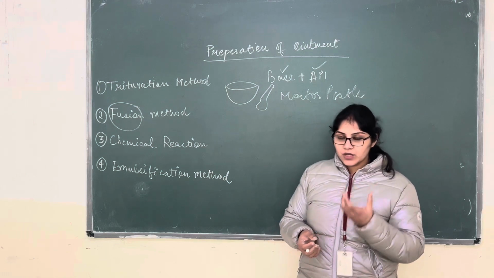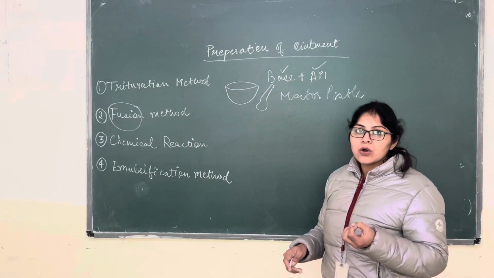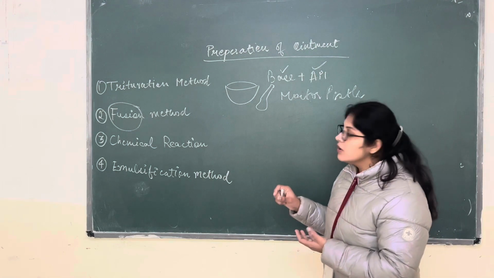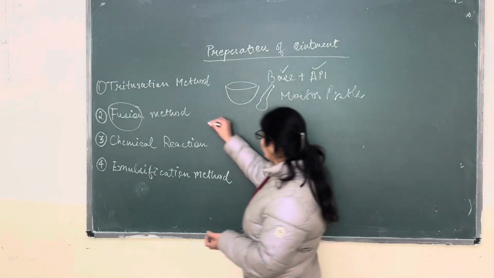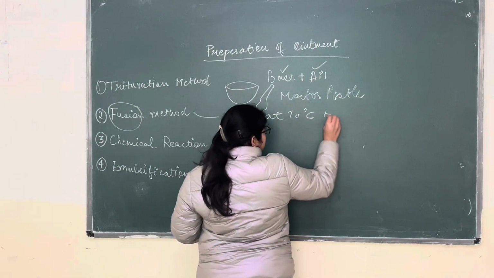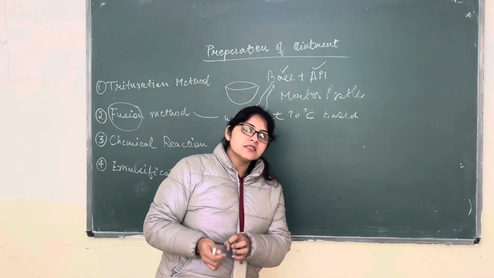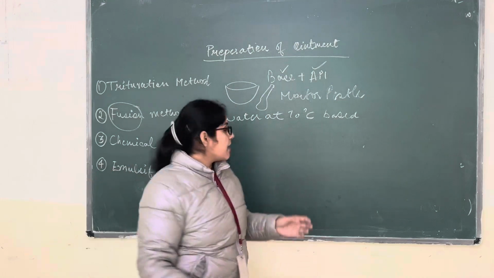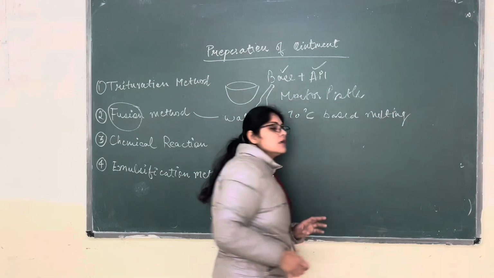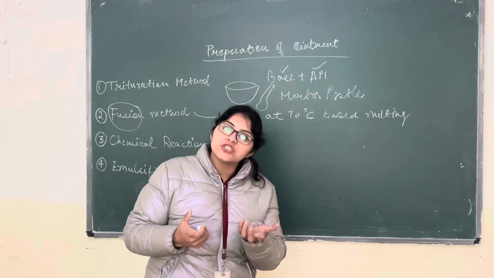We take the ingredients and melt them according to their melting point, in descending order, on the water bath at 70 degrees Celsius. The ingredient with the higher melting point we melt first, then the other ingredients depending upon their melting points. Then we mix or triturate all the ingredients and cool it down with continuous stirring to make a homogeneous ointment.